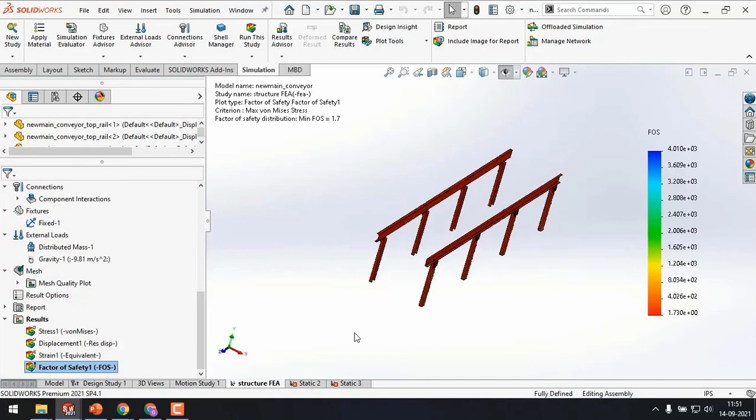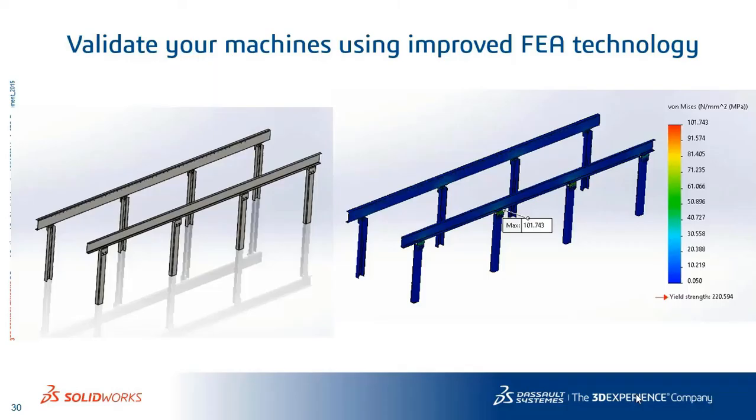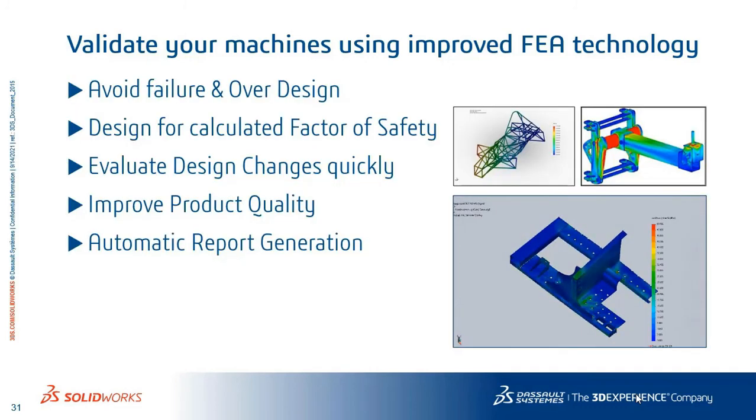Such kinds of design studies can also be performed on your structures. So you can avoid failure and over design. You can design for a calculated factor of safety. You can evaluate design changes very quickly, right.